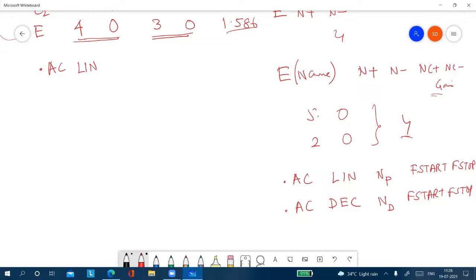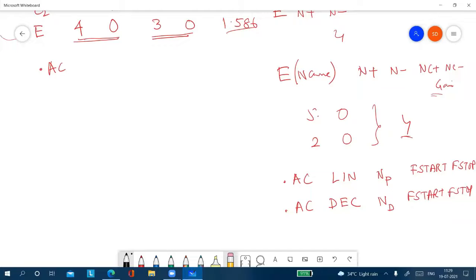Let us use log scale, because we will analyze a large scale. Log scale is a compressed scale. If you use log scale, large frequency ranges can be analyzed on a single graph paper.